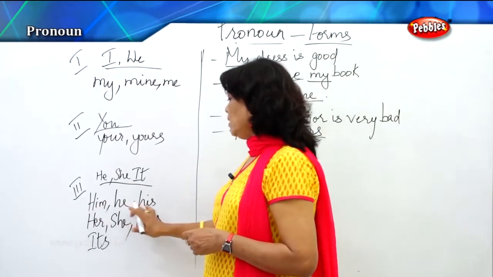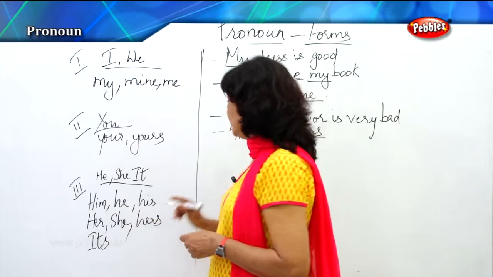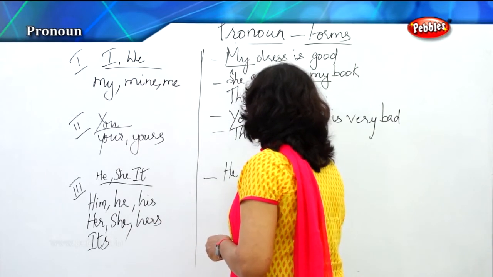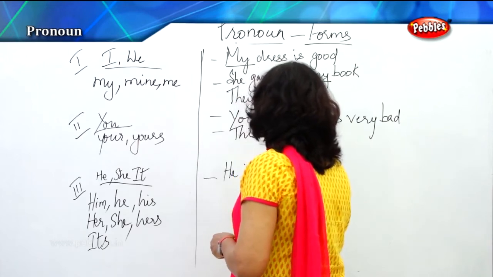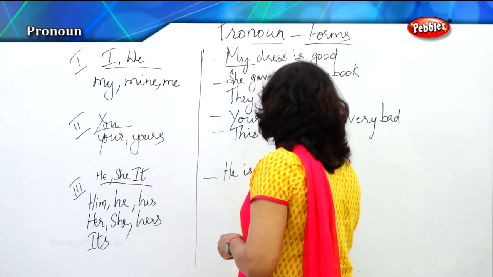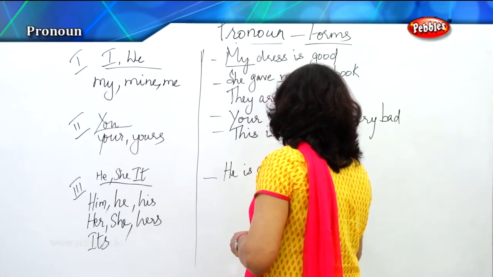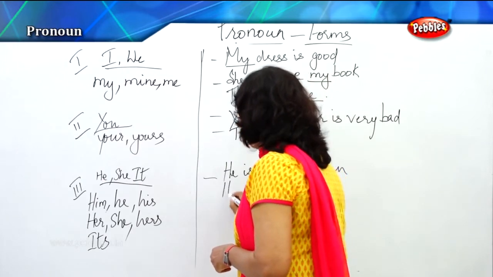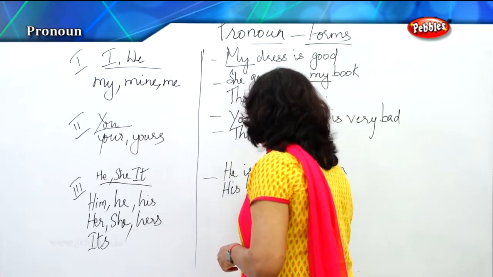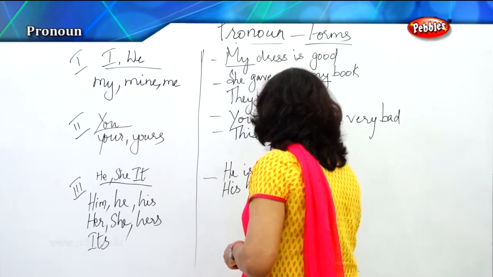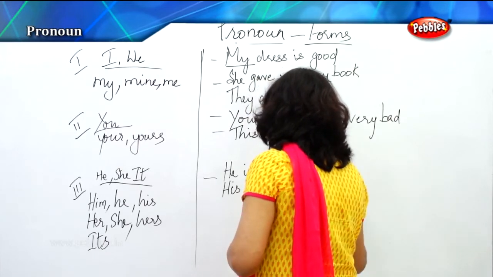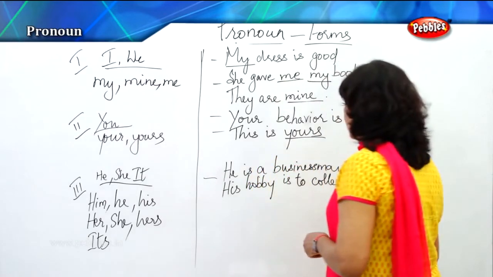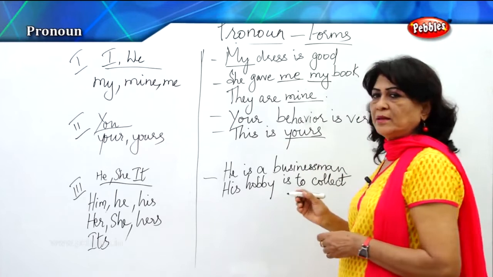Next, him, he, his: he, him, his will form sentences. He, we already saw: he is a businessman. His hobby is to collect shells, or collect pens.